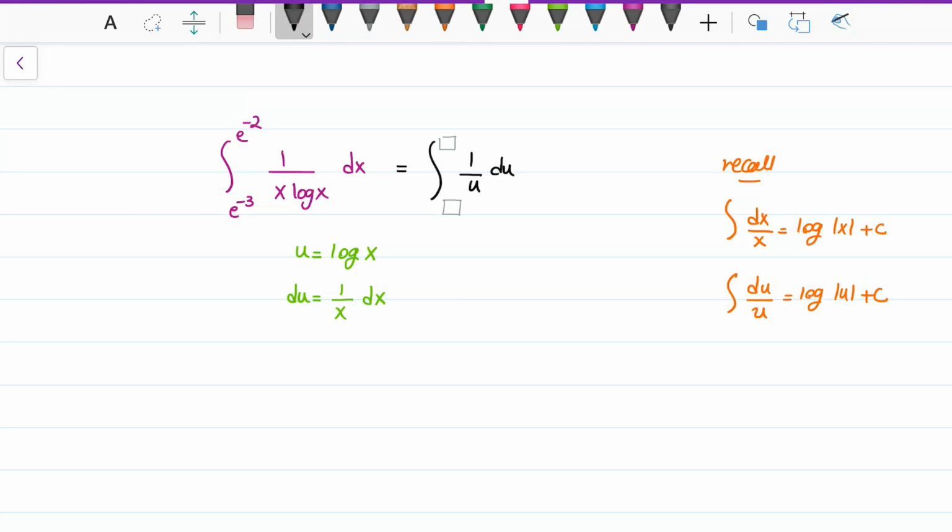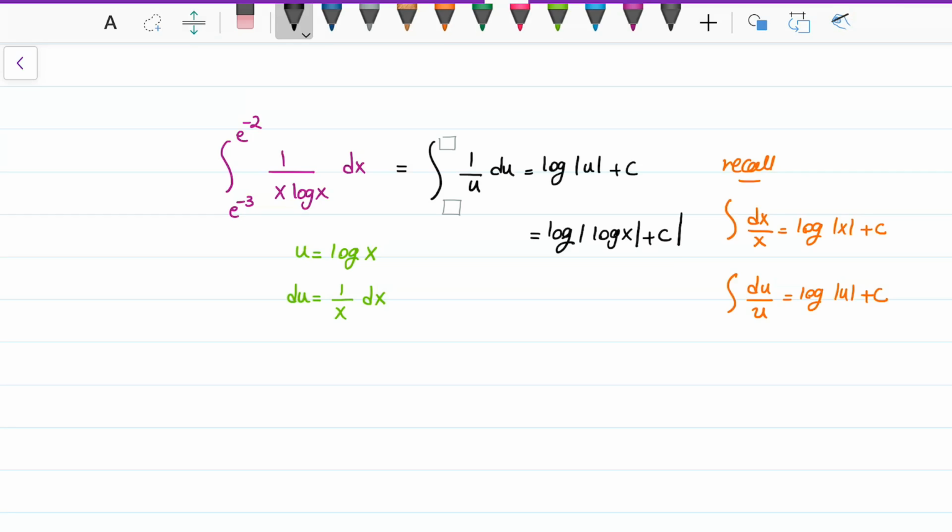So now I'm going to use this rule in here, and I'm going to write it as the log of the absolute value of u plus c. Now I'm going to replace the u with the function that I had, which is log x, plus c.